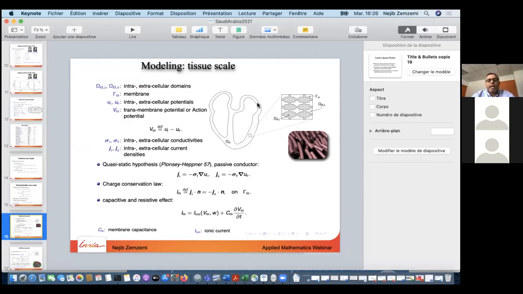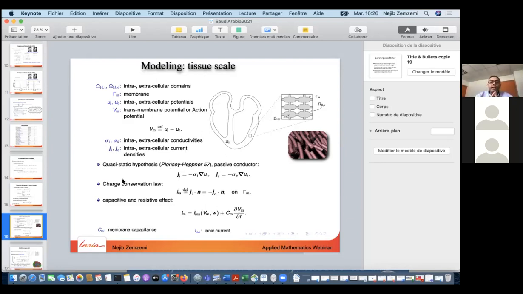And you have UI, which is the potential inside, and UE, the potential outside the cells. VM is, by definition, the difference between UI and UE, and it's called the transmembrane potential. Sigma I and sigma E are the conductivities of the intra and extracellular domains, and JI and JE are the current densities in the intracellular and extracellular domains.